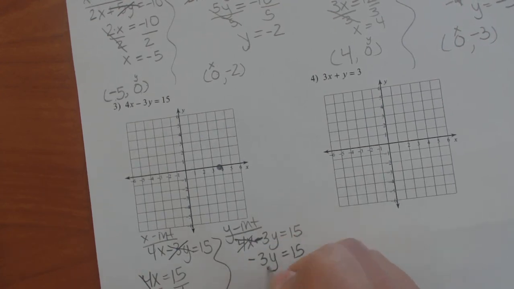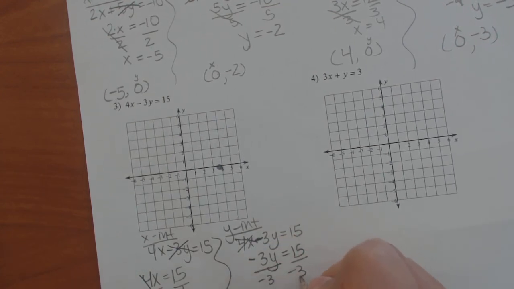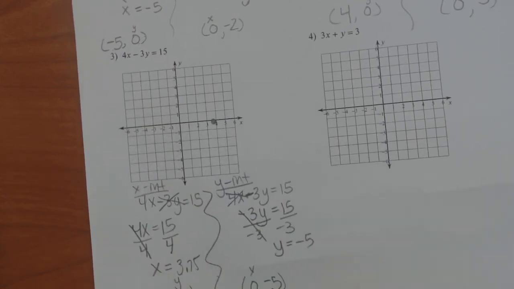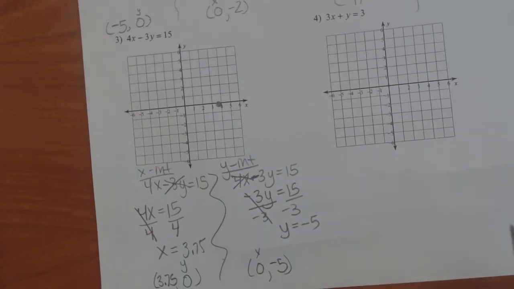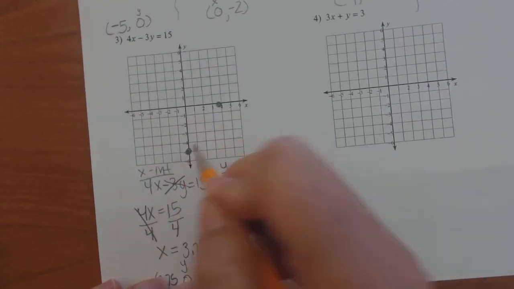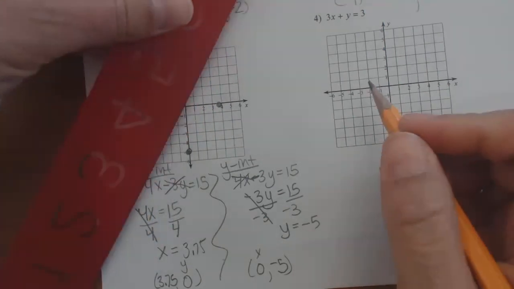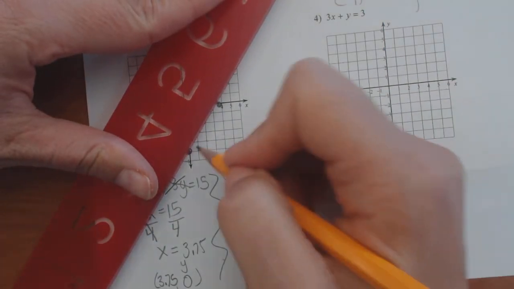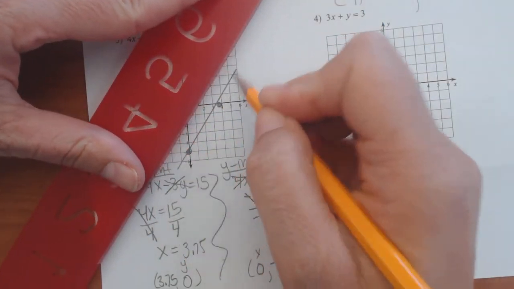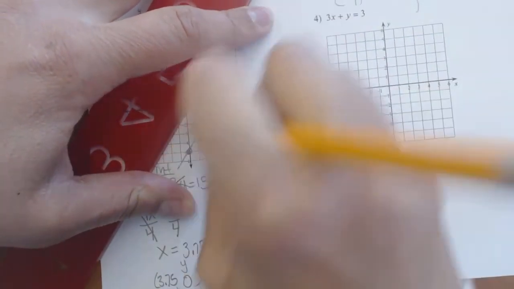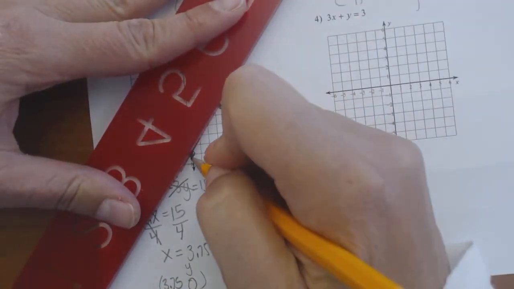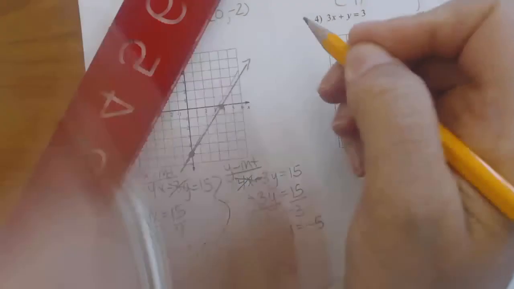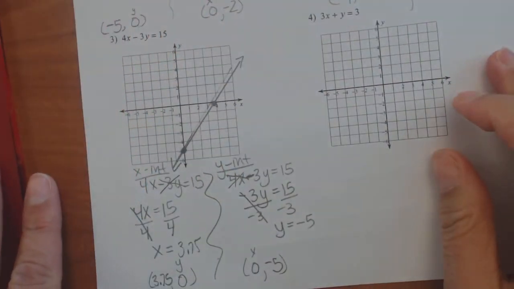Y equals 15. Divide both sides by negative 3. Y equals negative 5. There's my y-intercept. So I'm going to go to my y-intercept, negative 5. Take my trusty old ruler. Connect the points. Oops, didn't do a very good job with that. Connect the points, and there we have it.